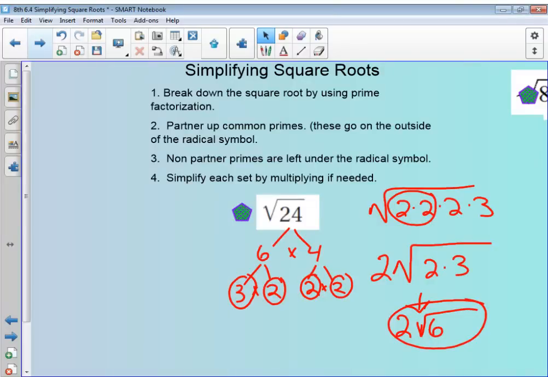Final answer, you should have ended up with 2 times the square root of 6. So remembering that if you have numbers left underneath or behind that radical symbol, like here I had 2 times 3, I have to go ahead and simplify those also.